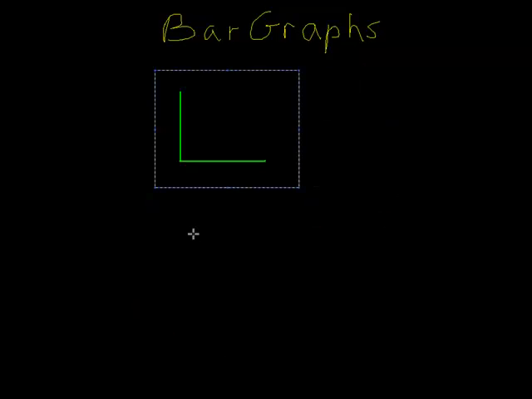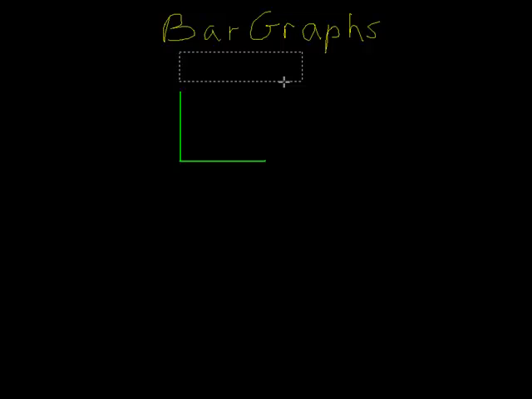Here, what we're going to do is create two different graphs. We're going to say these graphs depict a boxing match. Along our horizontal, our x-axis, we're going to say this represents the number of rounds.